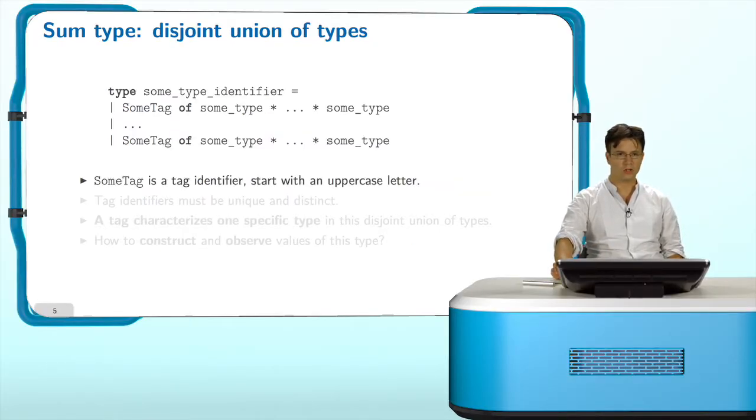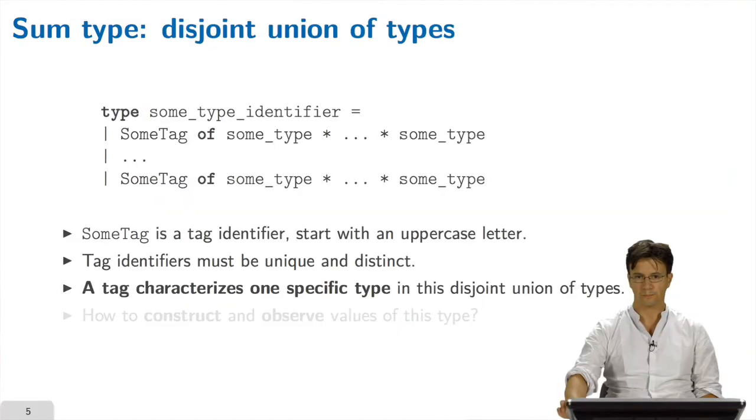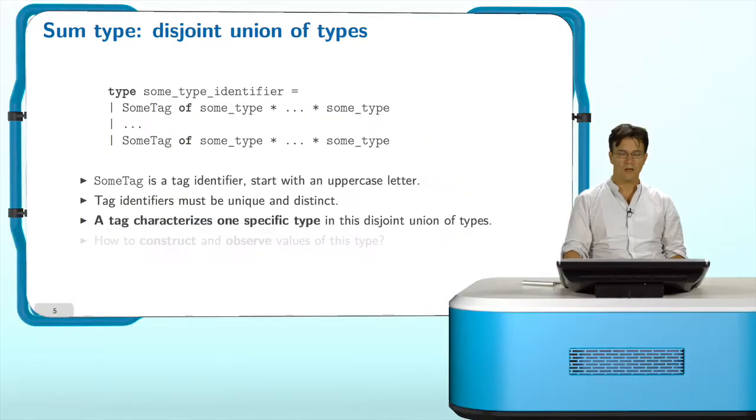A tag is an identifier that must start with an uppercase letter. And tag identifiers are unique and distinct in an algebraic data type. So a tag characterizes one specific type in this disjoint union of types. So now, how can we construct and observe values of this type?